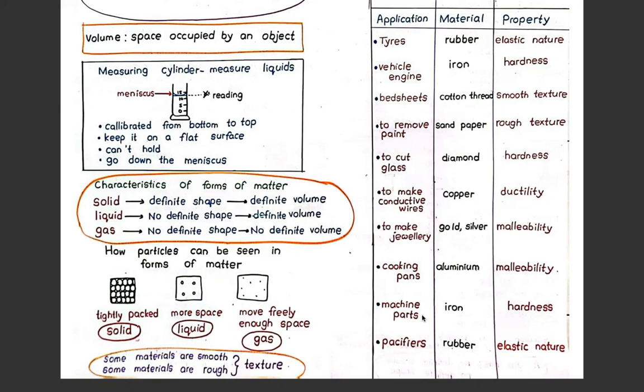Why? Because of hardness. And pacifiers. We need rubber when making pacifiers. So why do we use rubber? Because of elastic nature.